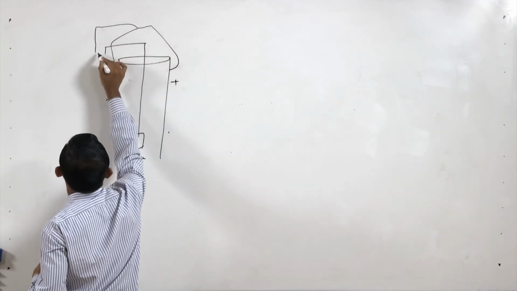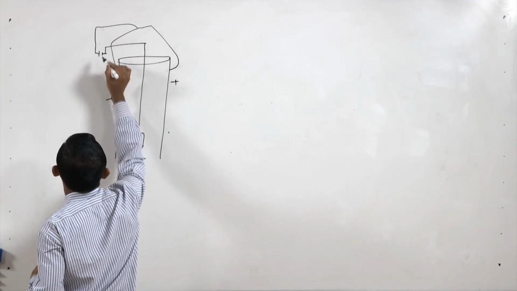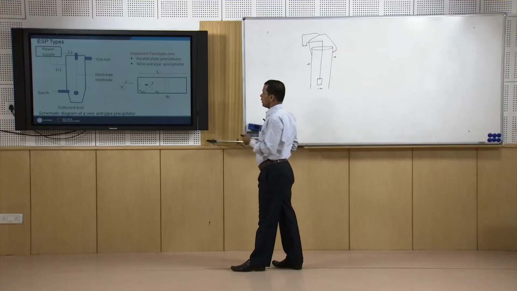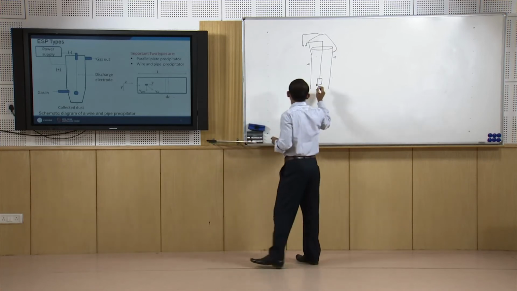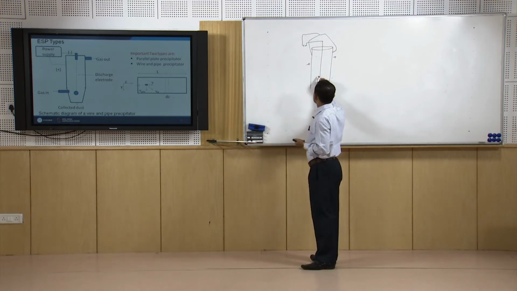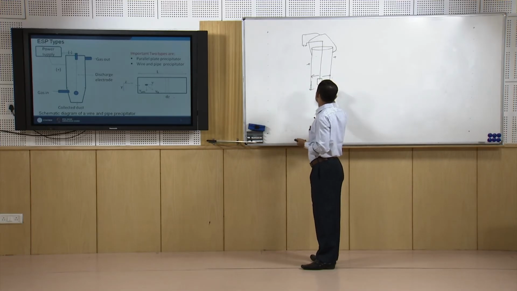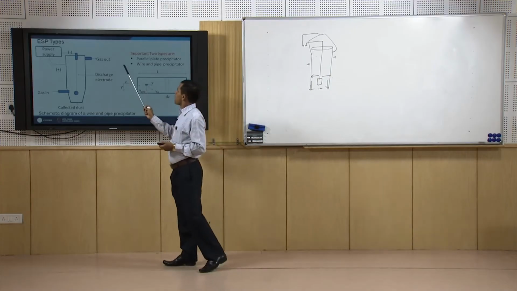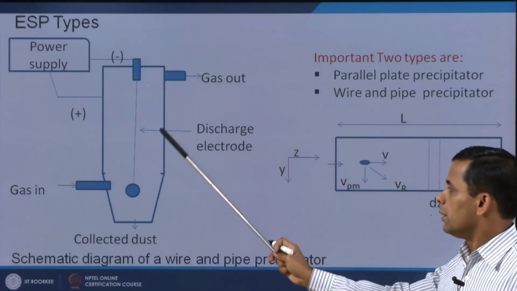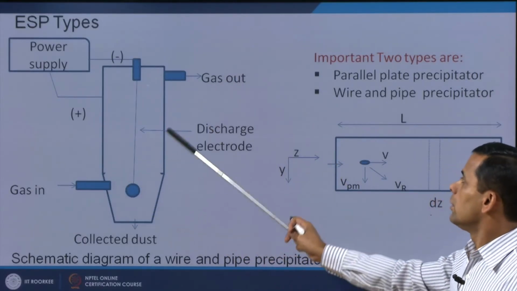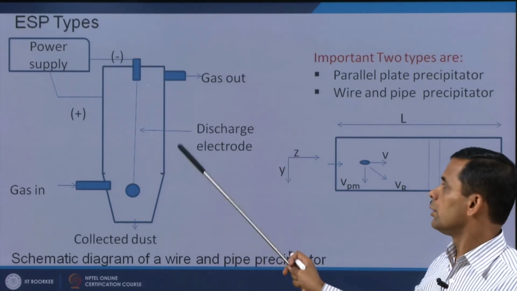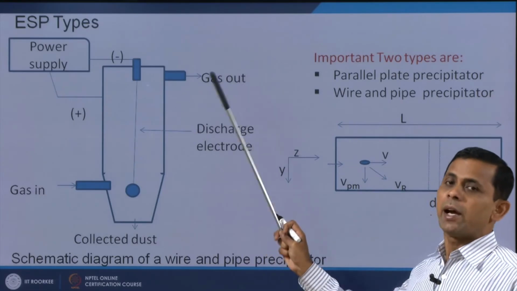When the gas comes in, the particle moves in this direction and settles. So two types of ESPs are available. Here the gas goes in and out, and the particles are attracted to the surface due to the negative charge on the pipe.